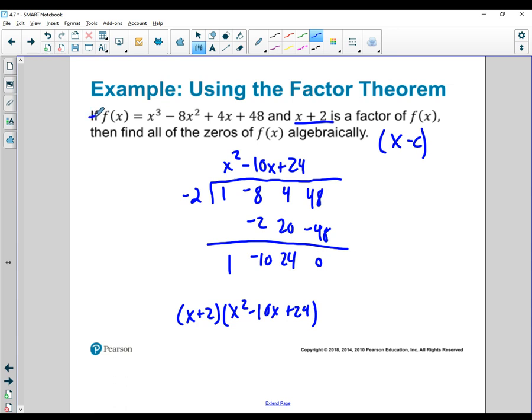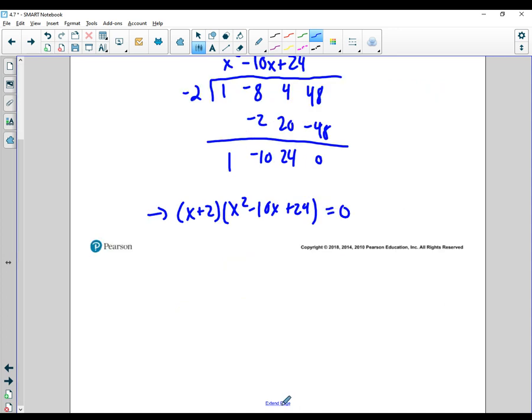So this f of x and this are the same thing, just written differently, right? And we want to find the zeros, or we call them the roots, or you could basically think if this was equal to 0, that's what that means. And it's a good thing we reviewed this at the beginning of the semester, right? That means we have to factor this, so x plus 2, and then we can factor this thing, right?